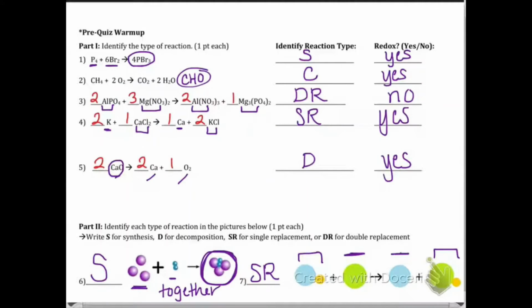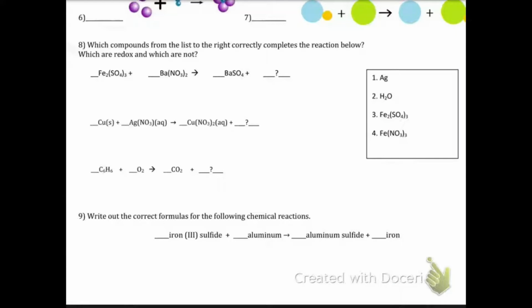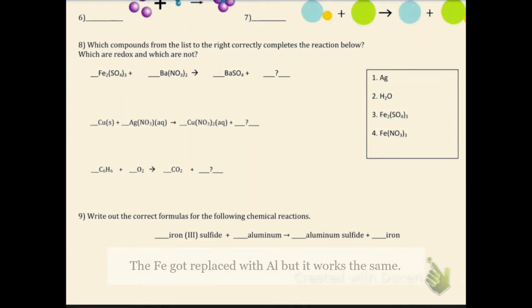All right, this next part, you had to find the missing piece and balance the equation. So here we go. If you look here, you have a barium, barium. You have a sulfate, sulfate. So we're missing a nitrate and an iron.